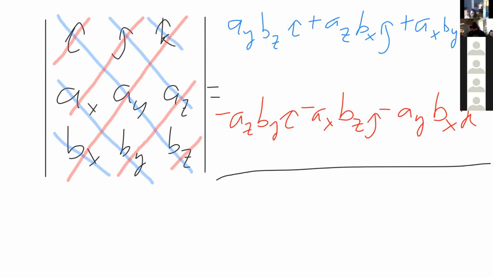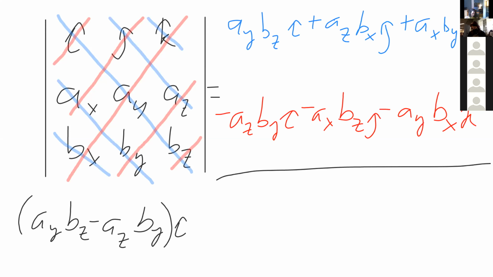Okay, so combining like terms, combining my I hat terms together, I have AY BZ minus AZ BY. That's the I hat. And then combining the J hat terms together, and I can just add them here, I have AZ BX minus AX BZ.